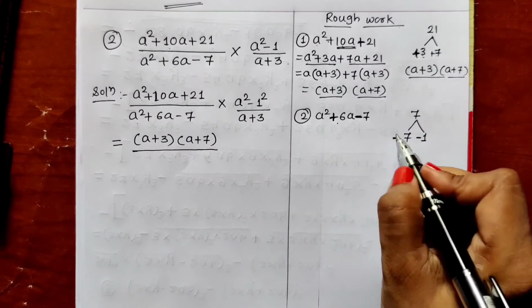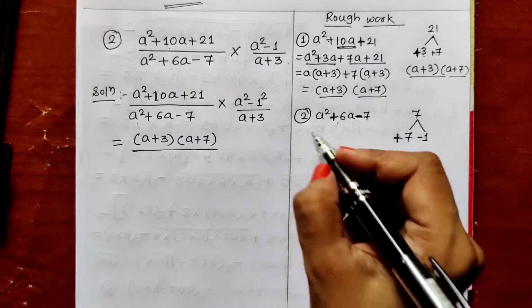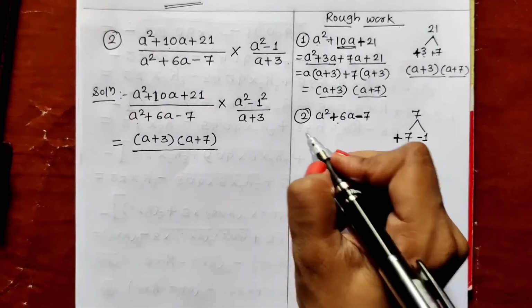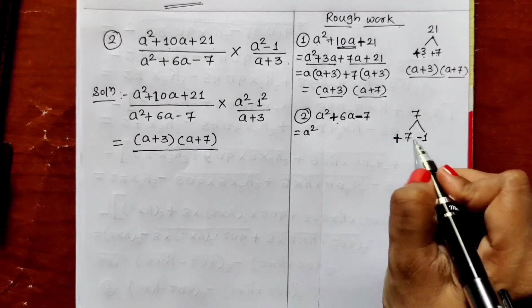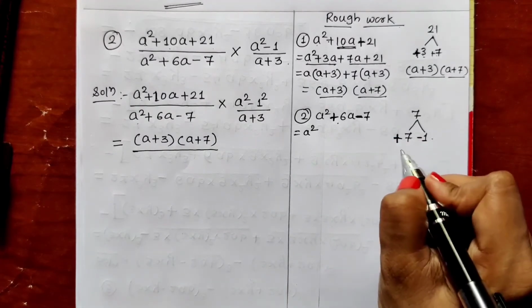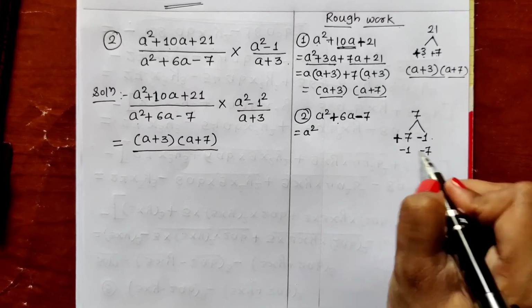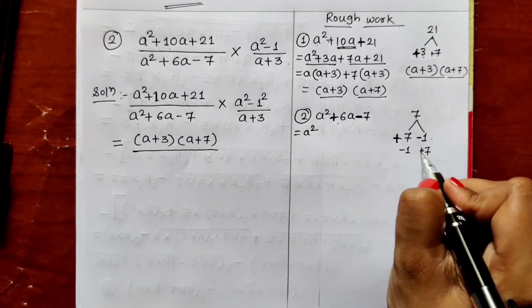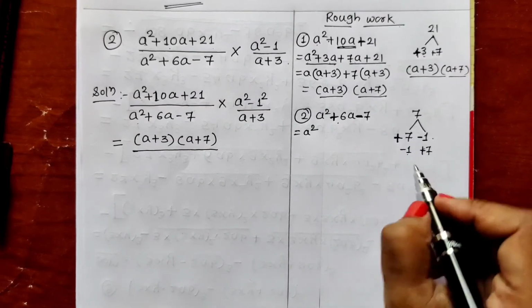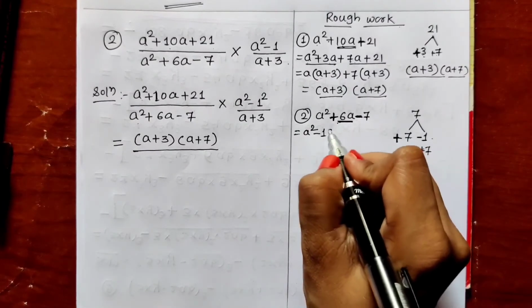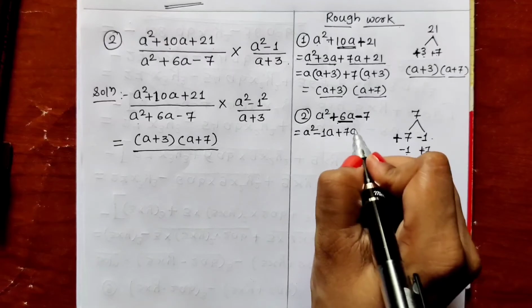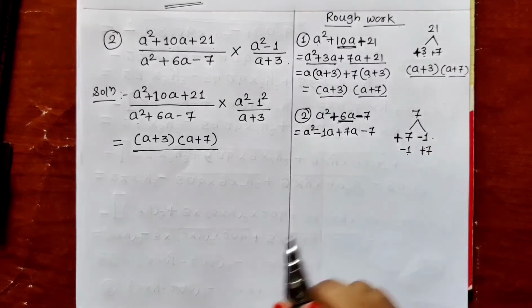If the bigger number has a plus sign, the smaller number will have a minus sign. Then we can write it as a square plus 7a minus 1a, or you can write minus 1 into plus 7 also. So this middle term we have to split into minus 1a plus 7a and minus 7. The last term we write as it is.